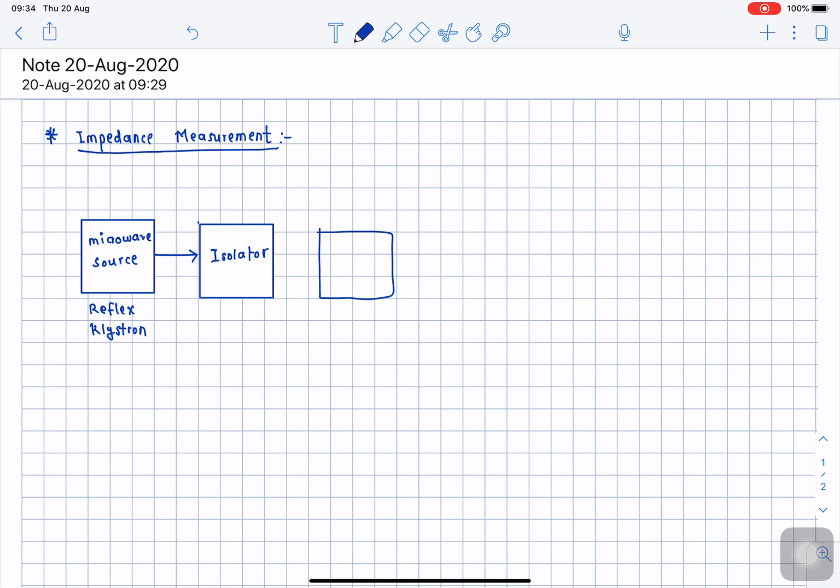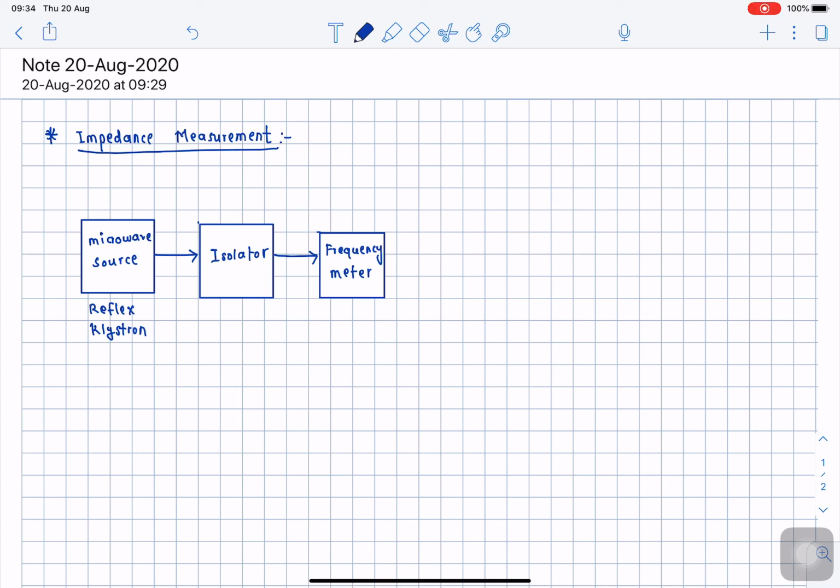It is optional, you can omit the use of the frequency meter, or you can connect a direct frequency meter, and direct frequency readout is also possible, with which we can measure the frequency of the microwave signal. I write it over here, frequency meter. This is optional again. You can omit the frequency meter from the setup.